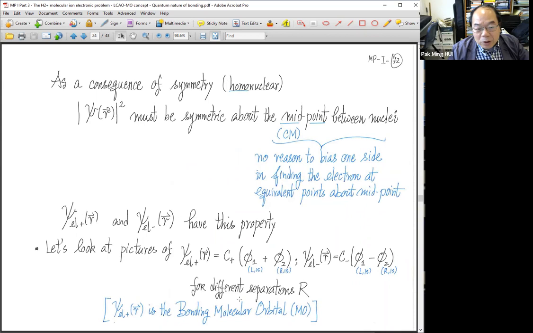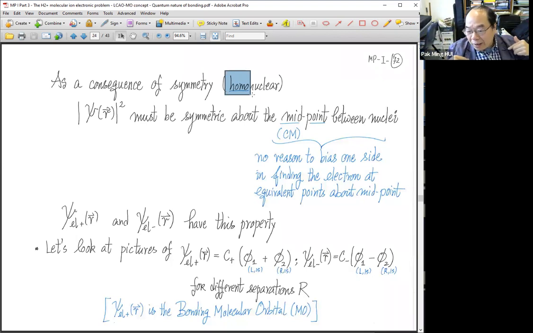We use the symmetry to write it down, and therefore, we have this symmetry about the midpoint between the nuclei, all right? Now, I just would like to remind you, we are using the symmetry in this problem because it is homonuclear. I mean, both sides are the same.